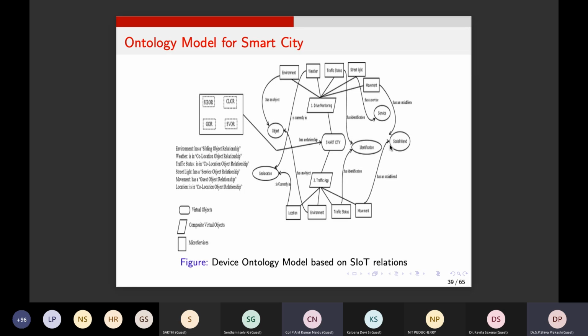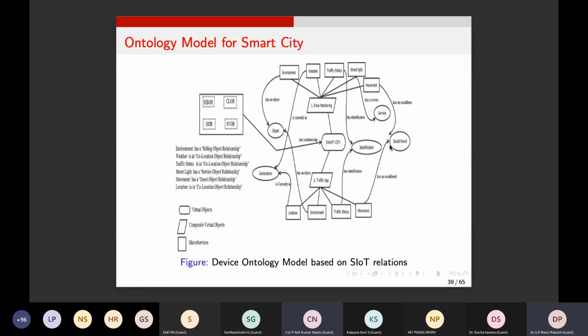So what we try is, we first identify the set of device sensors or actuators, and we try to relate them by establishing a relationship between them. It's not only the social relationship. First, at the ground level, we try to add a new relation to this.